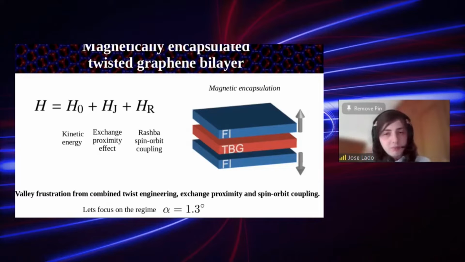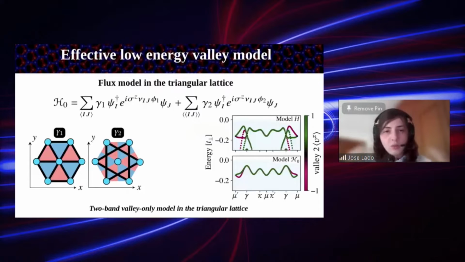And we are going to work in a regime that is close to the magic angle, but not exactly at the magic angle, and in particular, the angle that we are going to consider is 1.3 degrees. So we take our full atomistic model, we solve it, and we get what you see on the top right. And then with this band structure that is computed with a full atomistic model, we are capable of deriving a low energy model in an effective triangular lattice, which is the plot that you see in the bottom right.